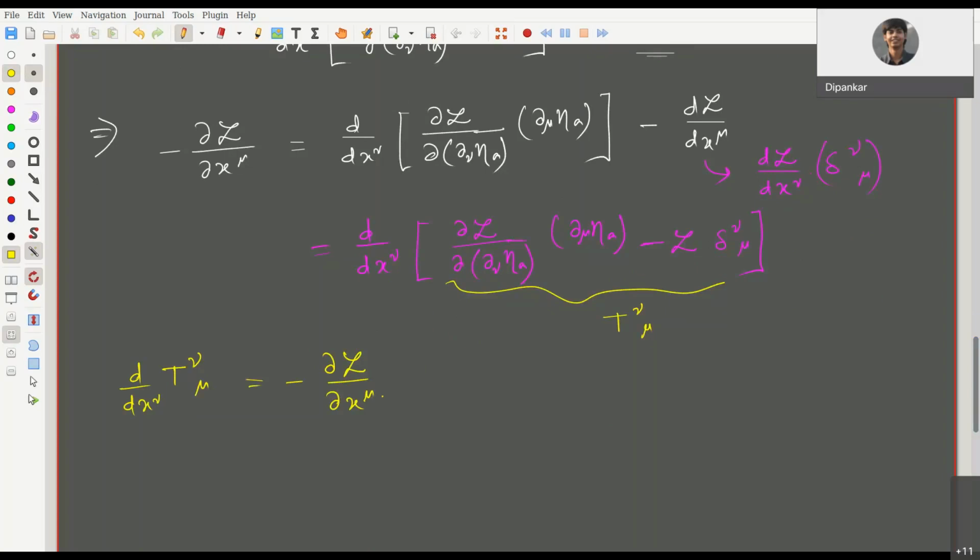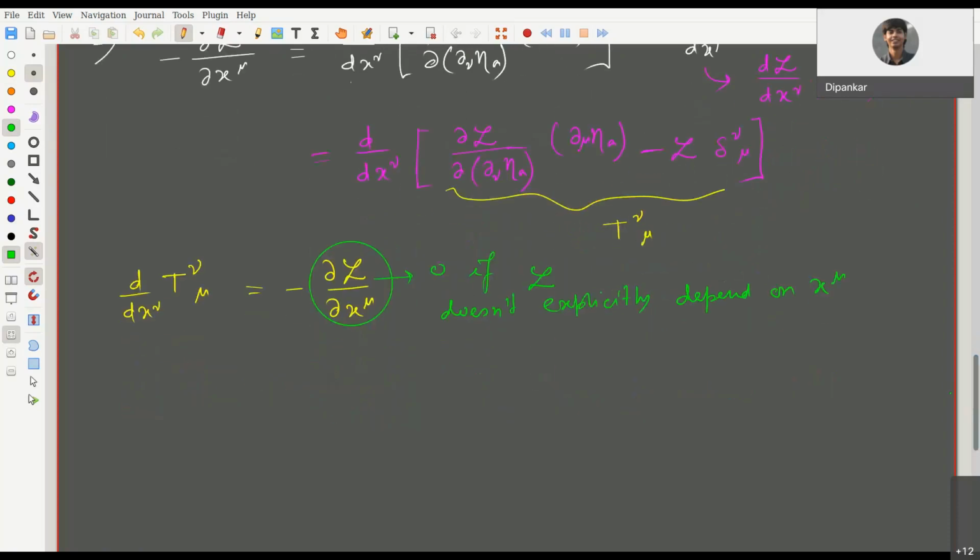Now again, if L does not explicitly depend on my space-time coordinates, so if L does not depend on x mu, then the right-hand side is 0.